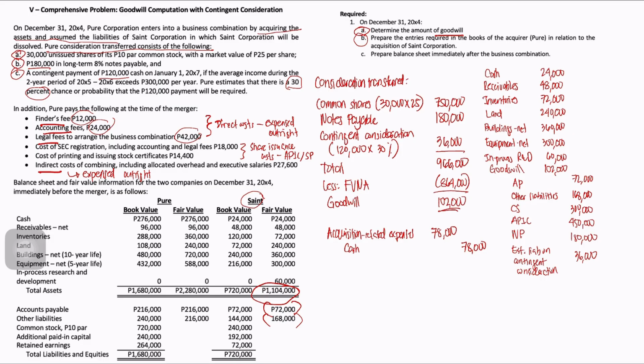To record share issuance costs, we debit APIC, credit cash for 18,000 plus 14,400. That's a total of 32,400.